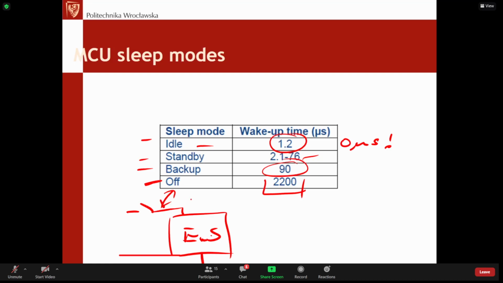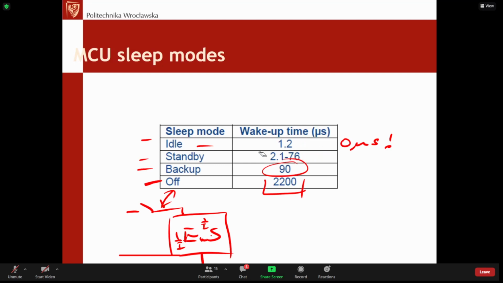Then the problem with the off mode is that we need to recharge all the capacitors that are here, which requires a lot of time, and that's why those millisecond times. Of course, this is just an example. It will vary very much on the particular architecture and even the PCB design, but still this is the scale.